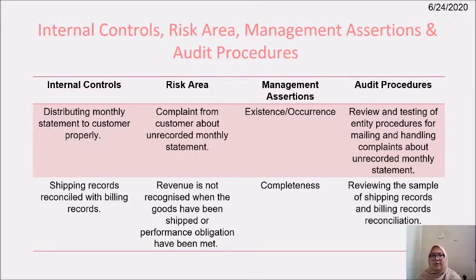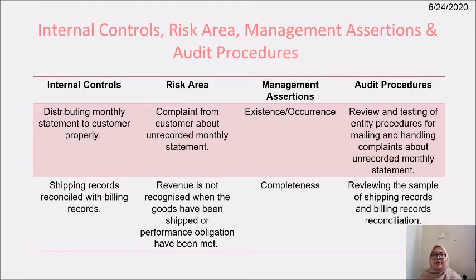Next, we look into the internal control risk area, management assertion and audit procedures in revenue cycle. The first internal control is distributing monthly statement to customer properly. This is because there will be complaint from customer about unrecorded monthly statement, and the management assertion that is involved is existent.